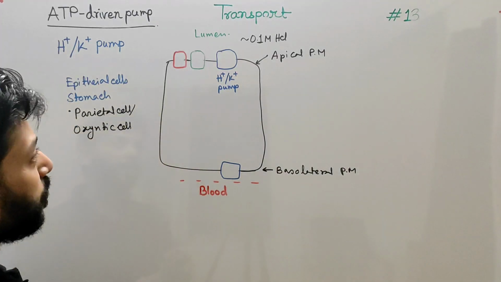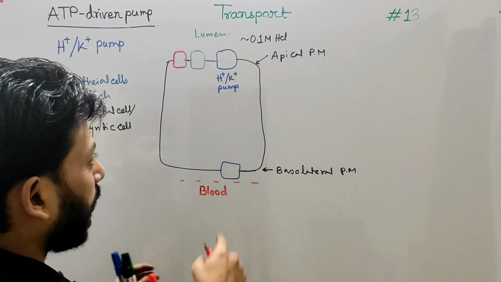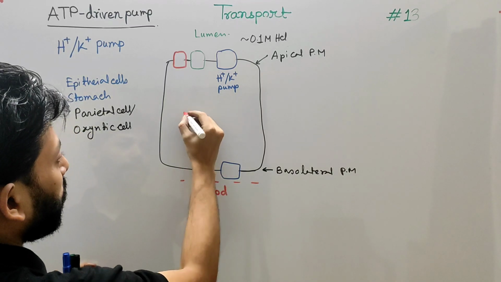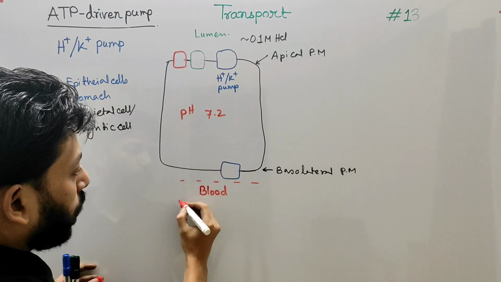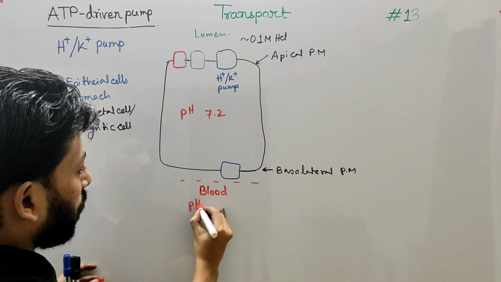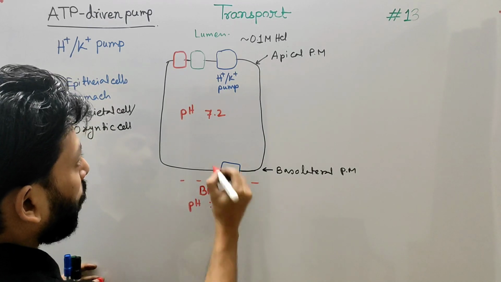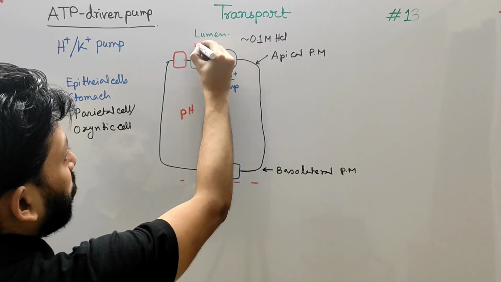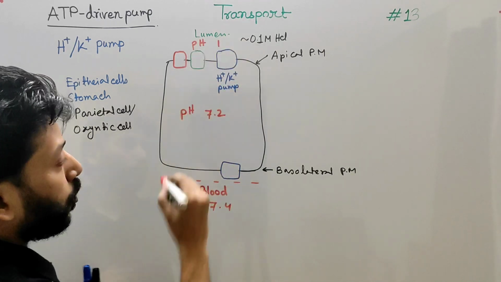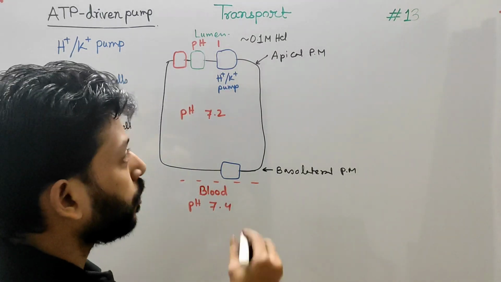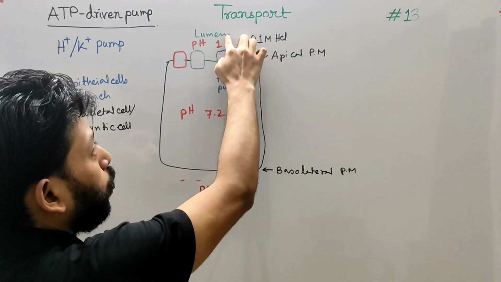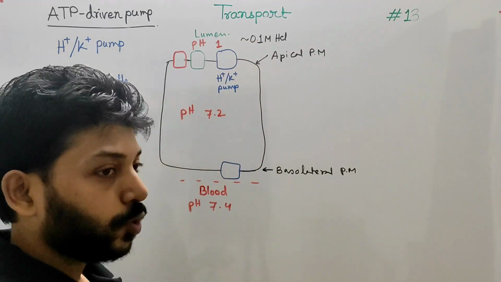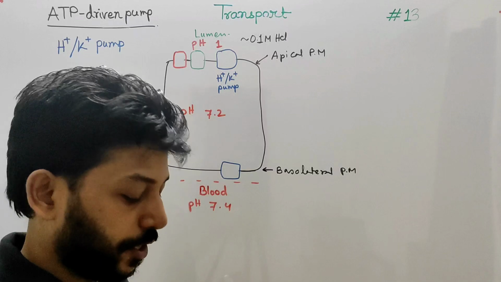Now this pH is very different from the cytosolic pH of these cells. The cytosolic pH is 7.2, and in the blood the pH is 7.4, but the pH of the lumen of the stomach is just 1. So there is a 1 million fold difference of hydrogen ions between the lumen and the cell. So how is this low pH generated?